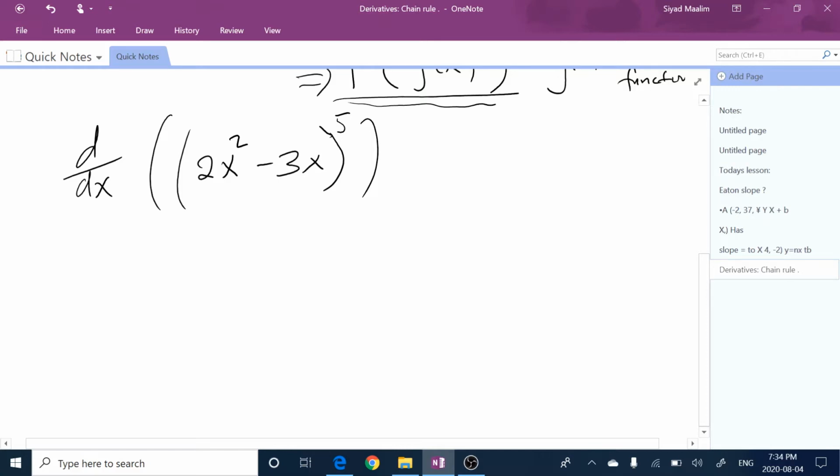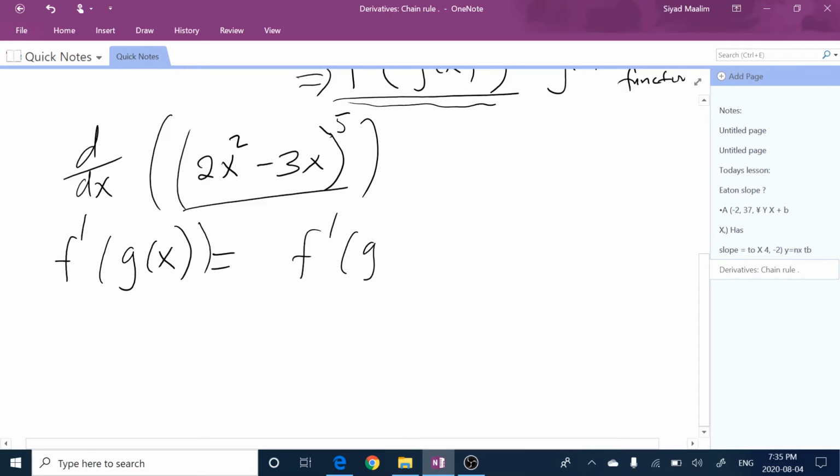In order to find the derivative of this function, f prime of g of x is equal to, the general formula, you find the derivative of the outer function keeping the inner function the same and then multiplying with the derivative of the inner function.